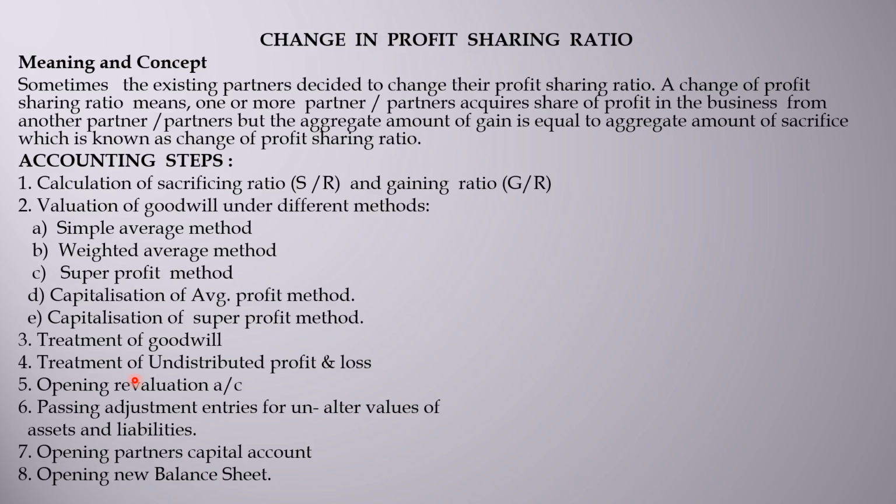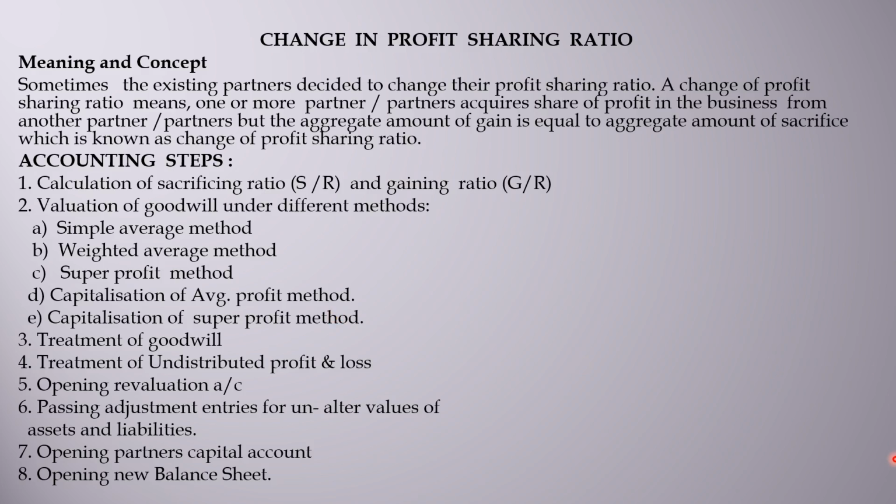Treatment of undistributed profit has a link with the next subsequent chapter, revaluation. So these are all like partners' capital, balance sheet. If you know this chapter, then it will be easy for the next subsequent chapters, like admission, retirement, death.